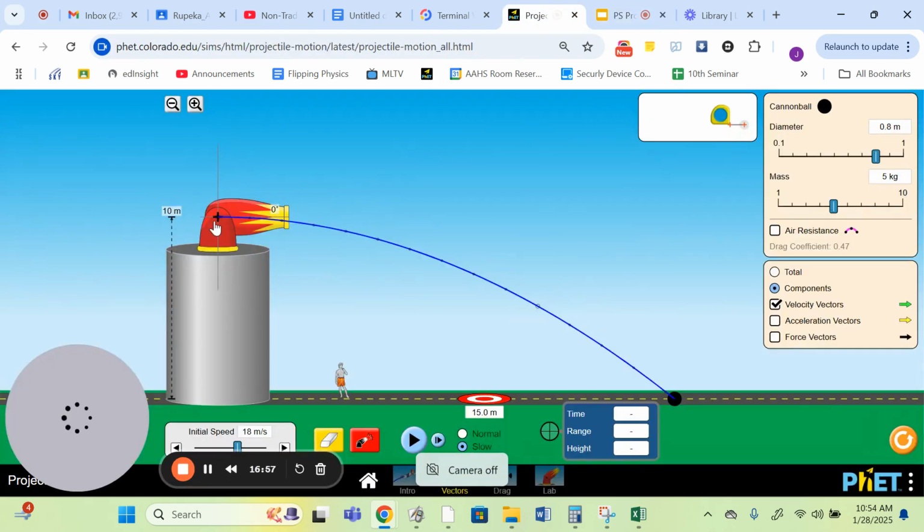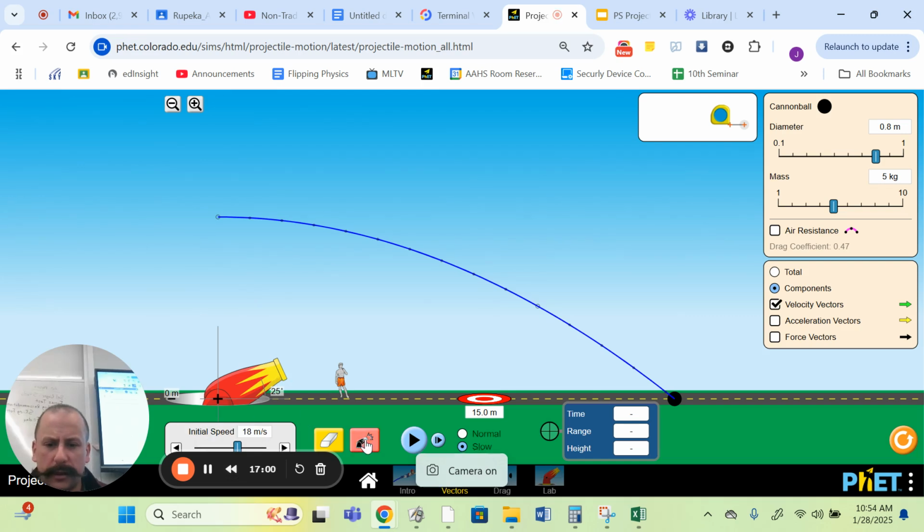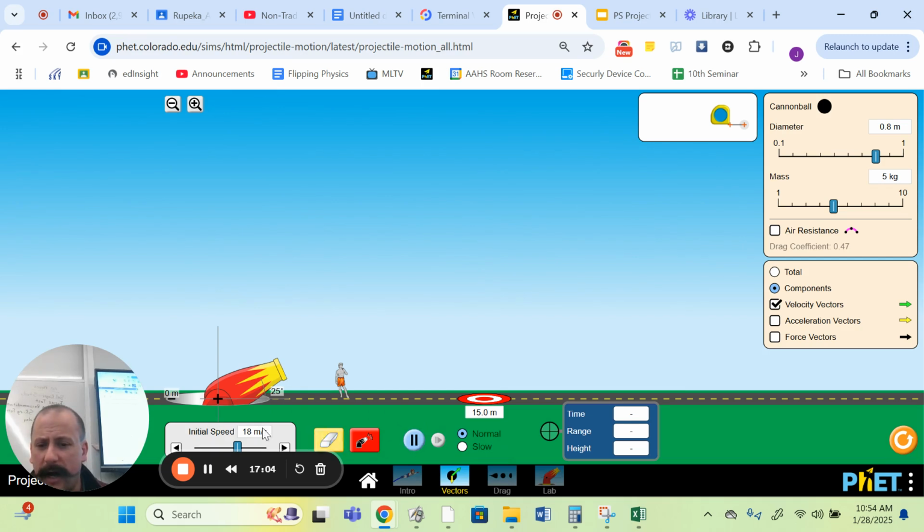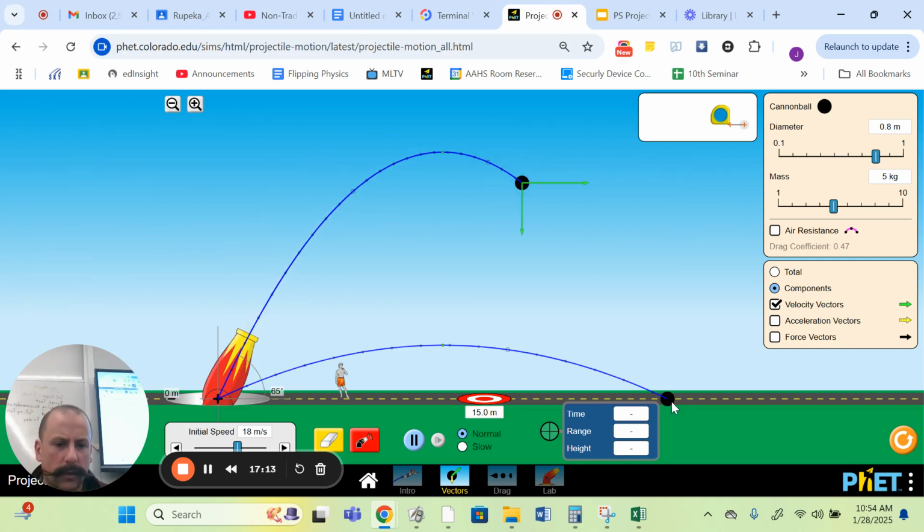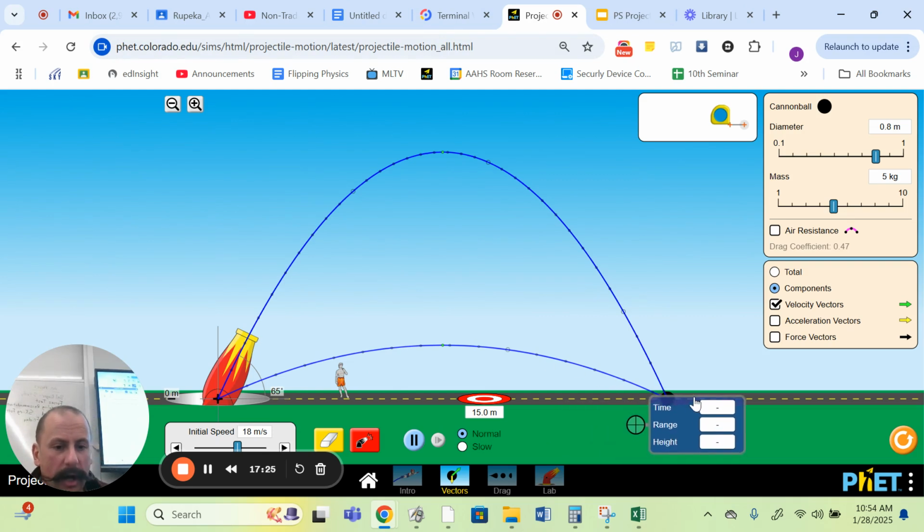If I go over to the simulator that I was using, I shoot one at 25 degrees. If I shoot one at 65 degrees, look where it lands. The exact same spot. And that's because while this one here, the one that gets shot lower to the ground, goes really fast, it's not really in the air very long.